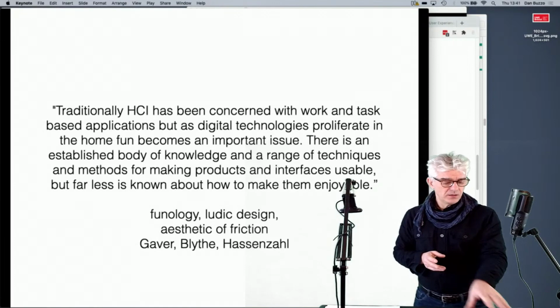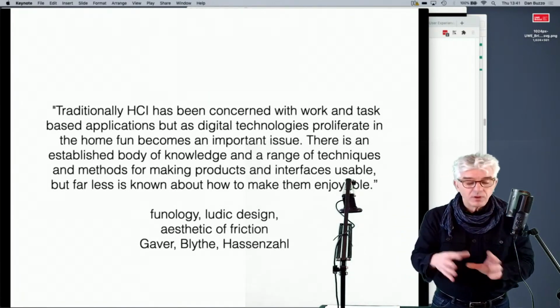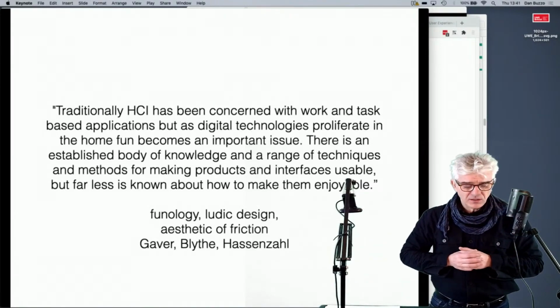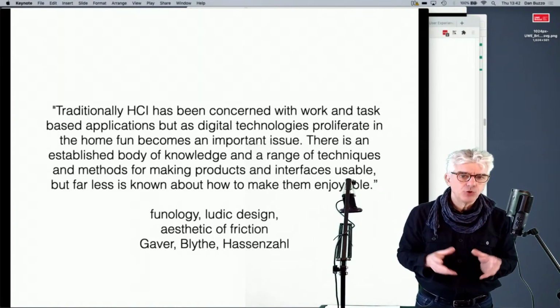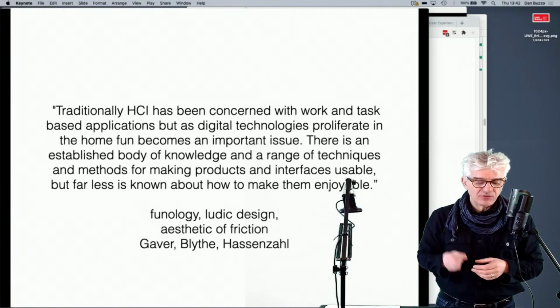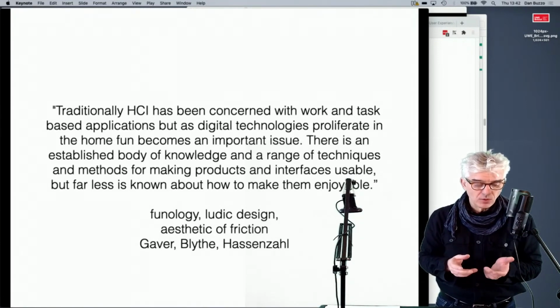So Bill Gaver, Mark Blythe and Marc Hassenzahl were involved with many other designers writing in Funology. They say traditionally HCI, human-computer interaction, has been concerned with work and task-based applications. But as digital technologies proliferate in the home, fun becomes an important issue.